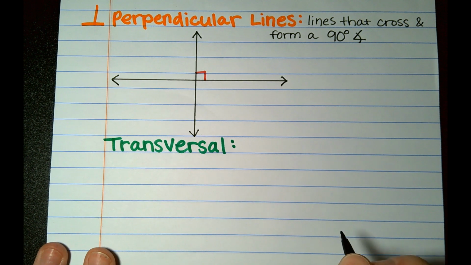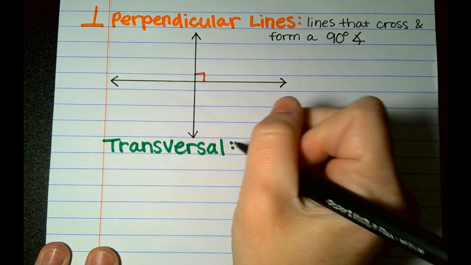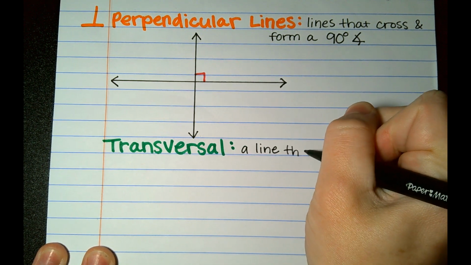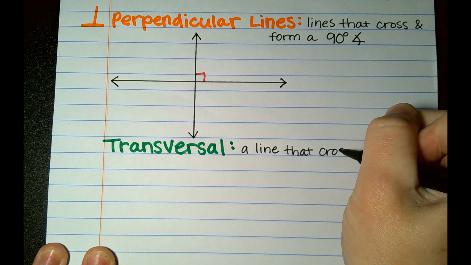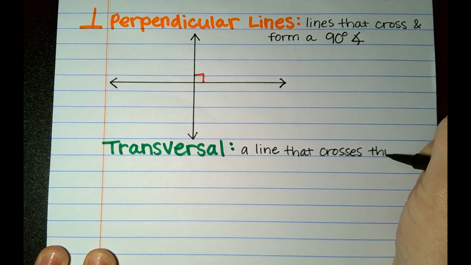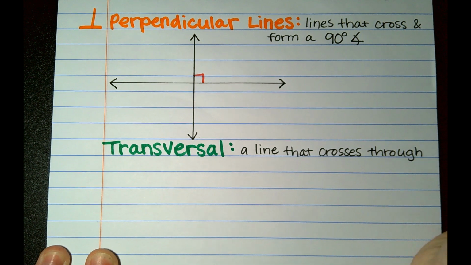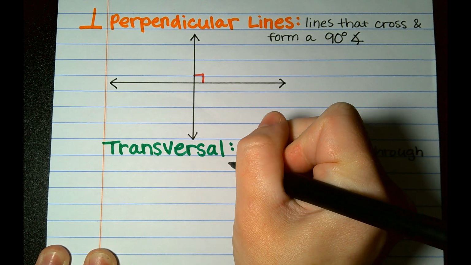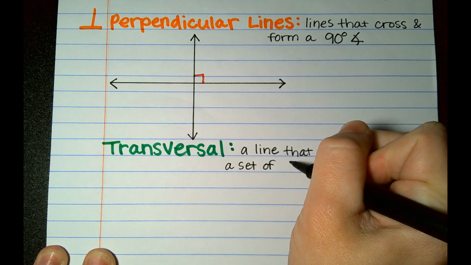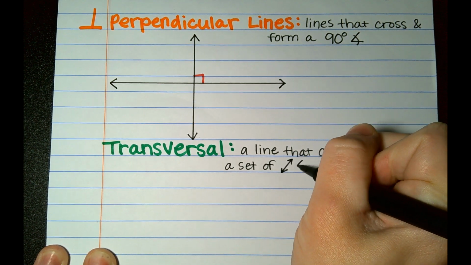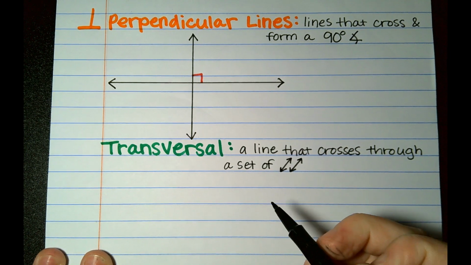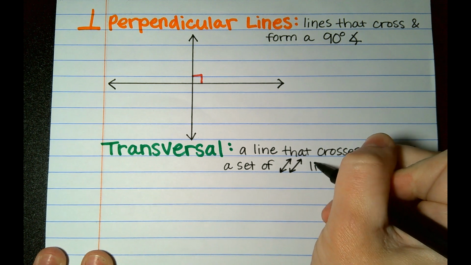And I'll draw a picture of that next too. Parallel symbol. Okay, this means parallel. It's a line that crosses through a set of parallel lines.